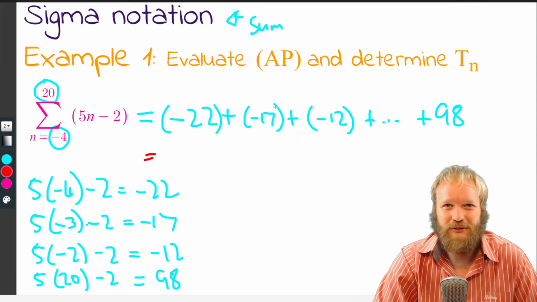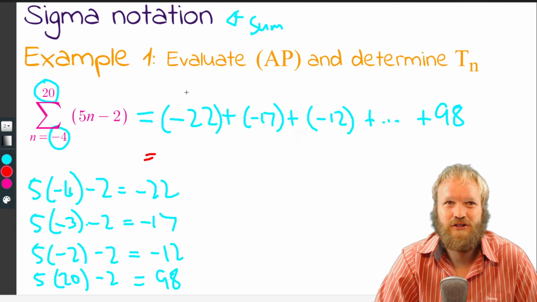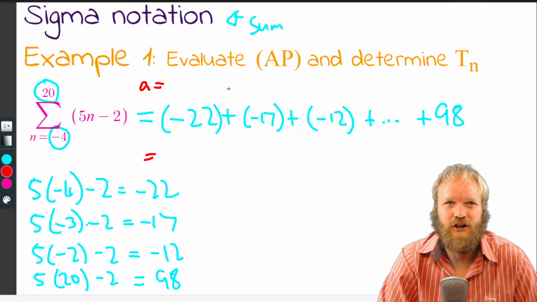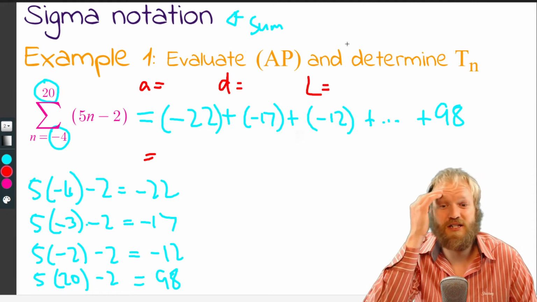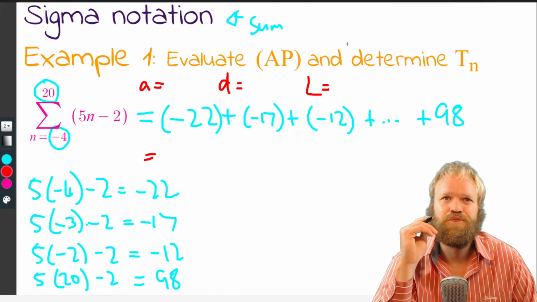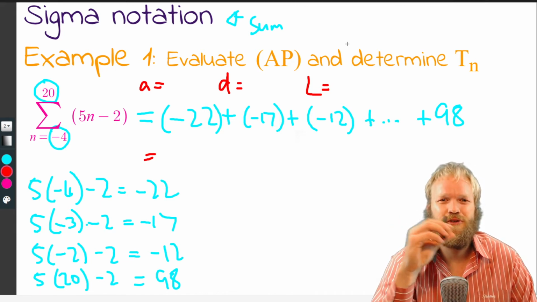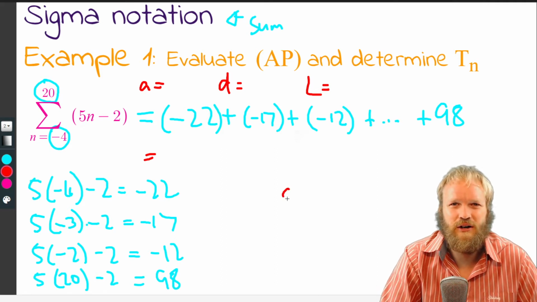You're given an arithmetic progression. You're not told the number of terms, but you're told the first term. You've got A, you've got D, you've got the last term. So can you work out the sum of that arithmetic progression? Well, I wondered what you wrote there, because if we go, oh, well, this is easy.